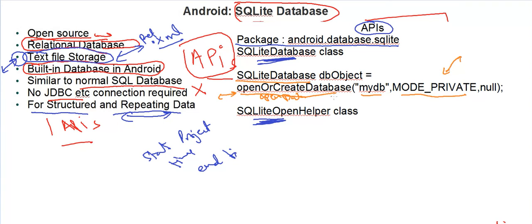And so this openOrCreateDatabase is actually going to create a database if it does not exist, and if it exists, it's just going to open it and provide us with this database object. And with this database object, we can create, delete, or add, and all those things to tables and to the database. Normal database operations, just as in the case of a normal SQL database.